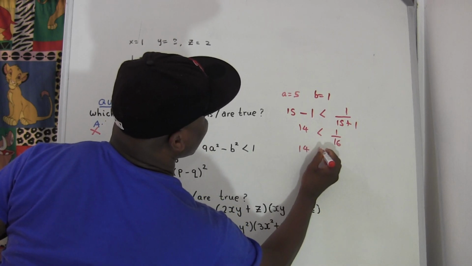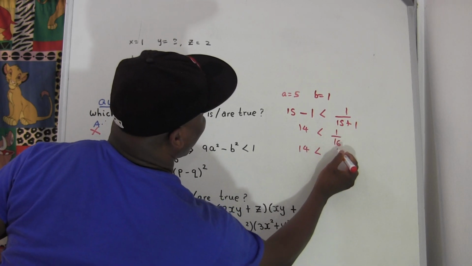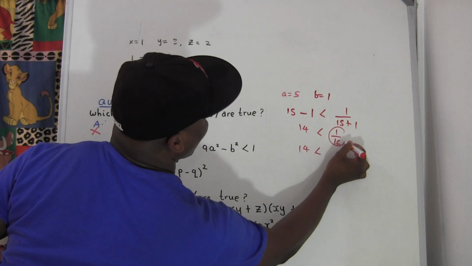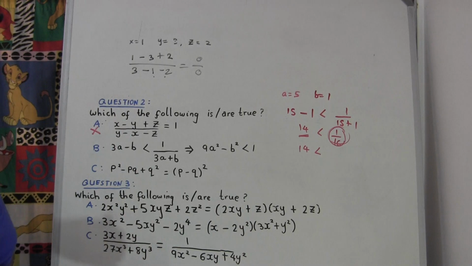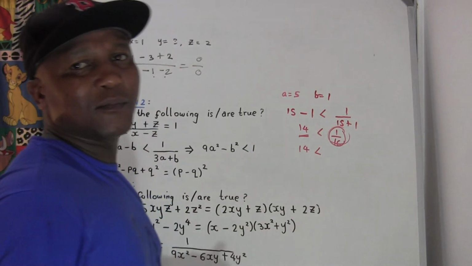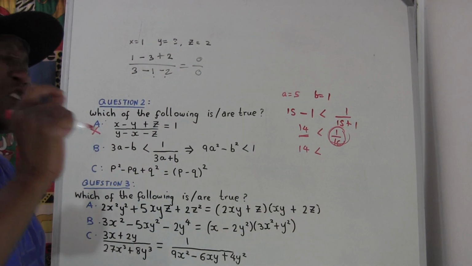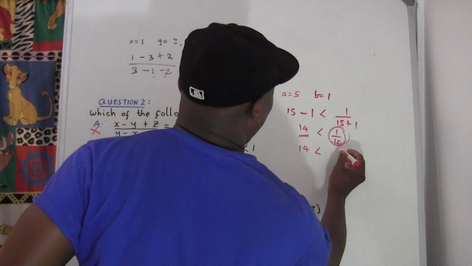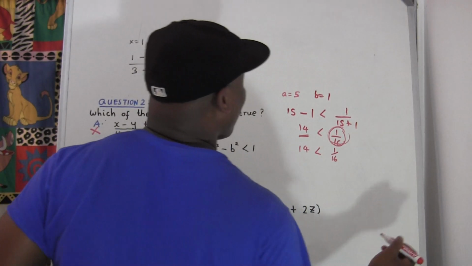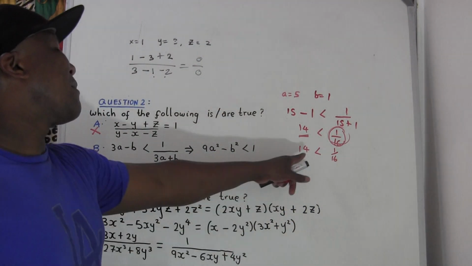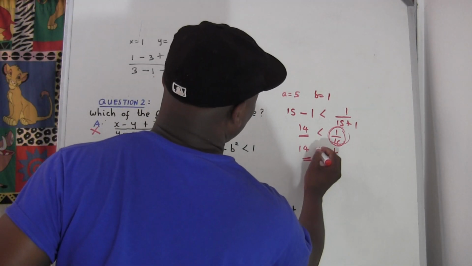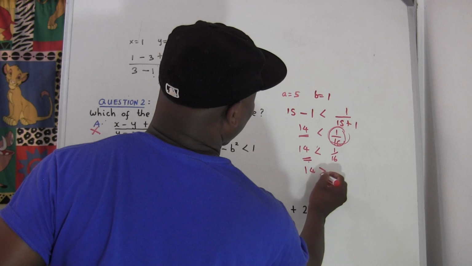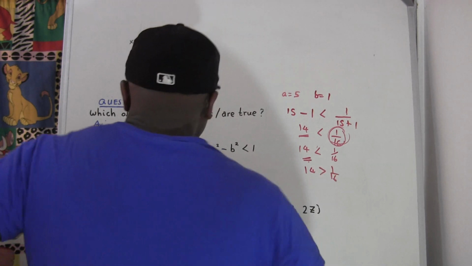So 14, okay, look. I mean, there's no way. This number is too small. There's no way this is going to be less than this. I mean, you have 1 orange divided by 16 people. It's going to be close to 0. Everybody's going to get smaller. So this is a very small number because it's 1 over 16. Try to put it in the calculator, you'll see. So this number is bigger, it cannot be smaller. This sign means smaller. It's not true. 14 is bigger than 1 over 16.